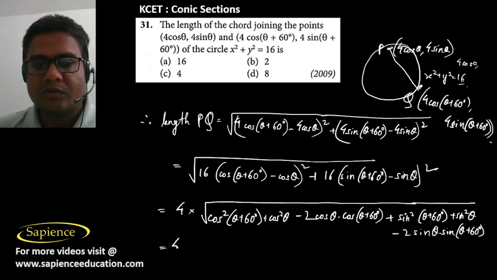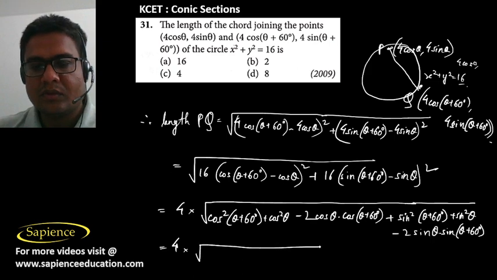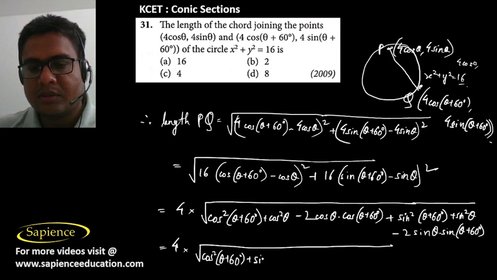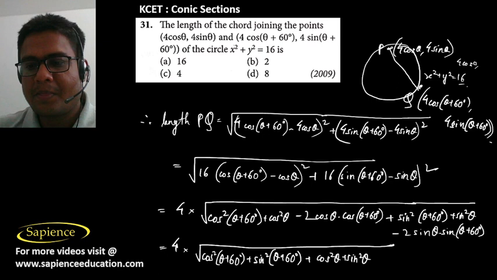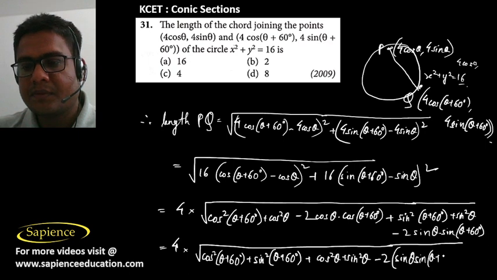So this will be 4 into square root of cos square theta plus 60 degree plus sin square theta plus 60 degree plus cos square theta plus sin square theta minus 2 into sin theta plus 60 plus cos theta into cos theta plus 60.